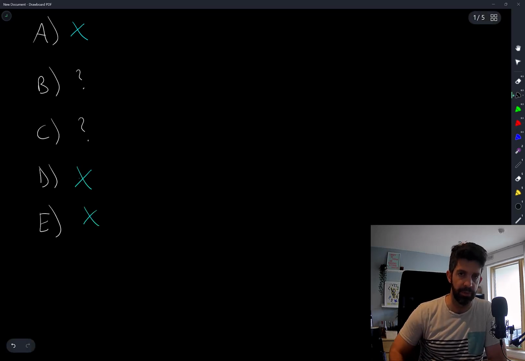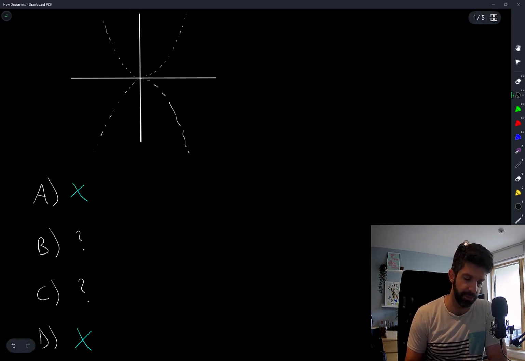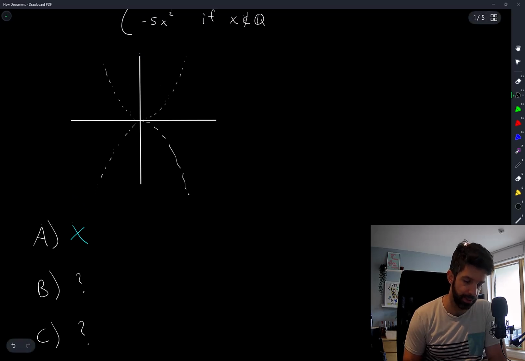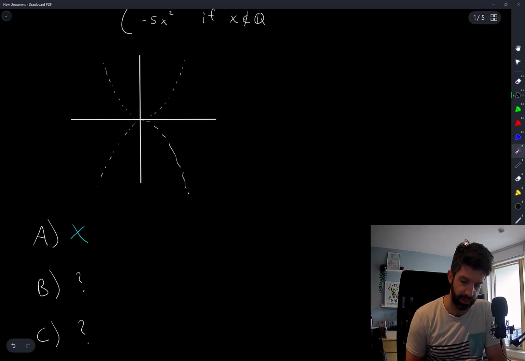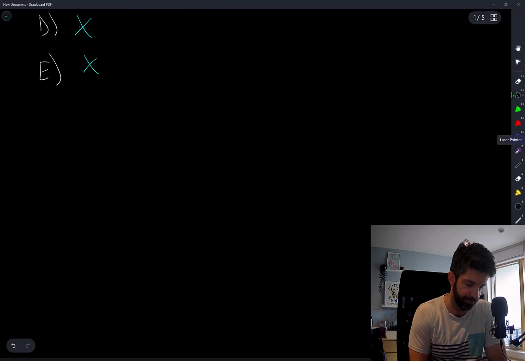So now the only thing we have to think about is whether this function is differentiable at 0 or not. We know it is continuous at 0. And I think it's probably also differentiable at 0, and the derivative would be 0. But let's write out the definition of the derivative.